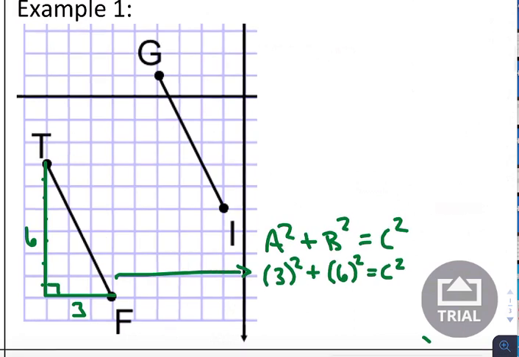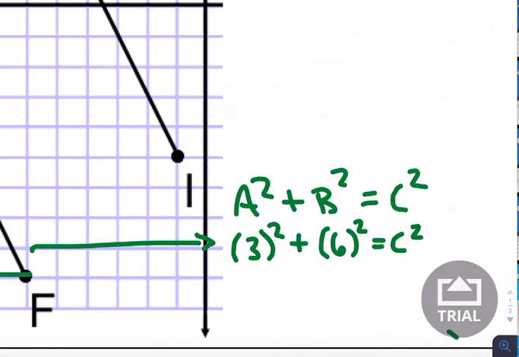Okay, and I'm getting 3 and 6 just off my vertical and horizontal distances, which you can count, which is why the Pythagorean theorem is actually a useful tool here. 3 squared is 9, and then we have 36 for 6 squared. Okay, 9 and 36 make 45.